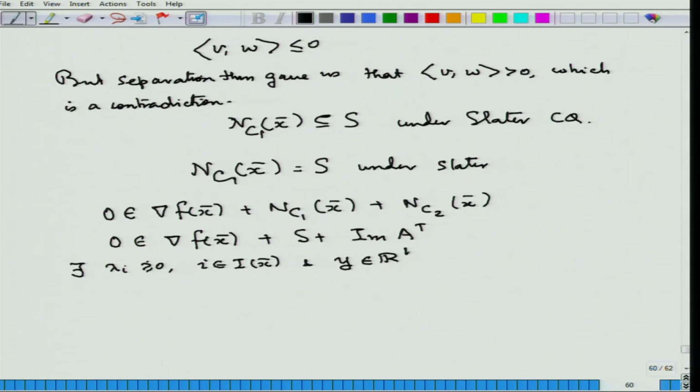So, for y in R^k we have 0 is equal to grad f(x bar) plus summation. So, I must have an element V from this, an element from the image of A transpose, such that 0 is equal to grad f(x bar) plus that element from S plus that element from the image of A transpose. So, what does an element of S look like? It looks like lambda_i grad g_i(x bar), i varying over I(x bar). So, that is exactly what I am writing down.